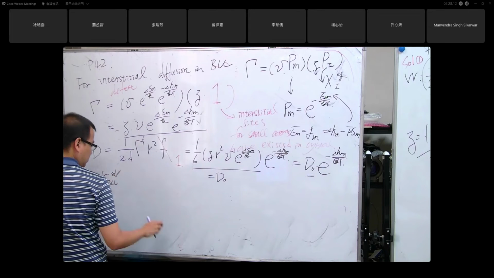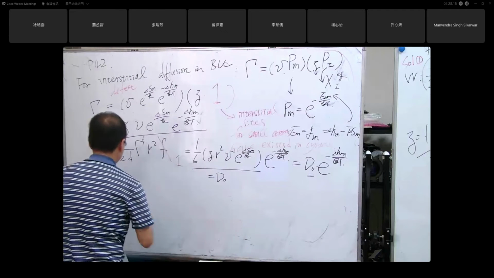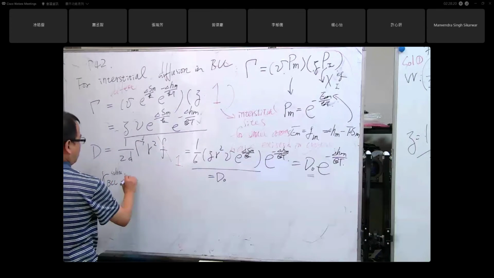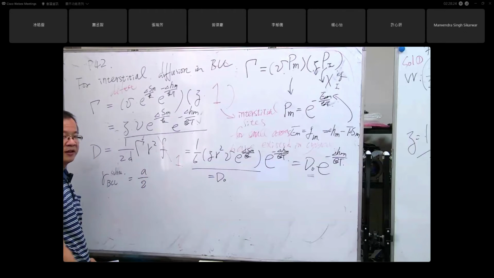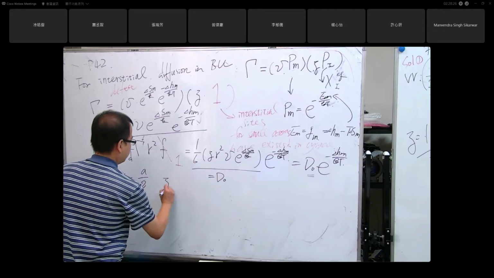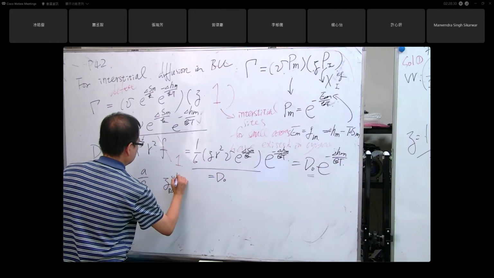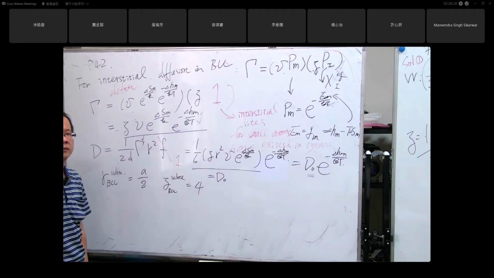The loop is equal to lattice constant divided by 2. And for BCC, the loop, small z equal to 4.